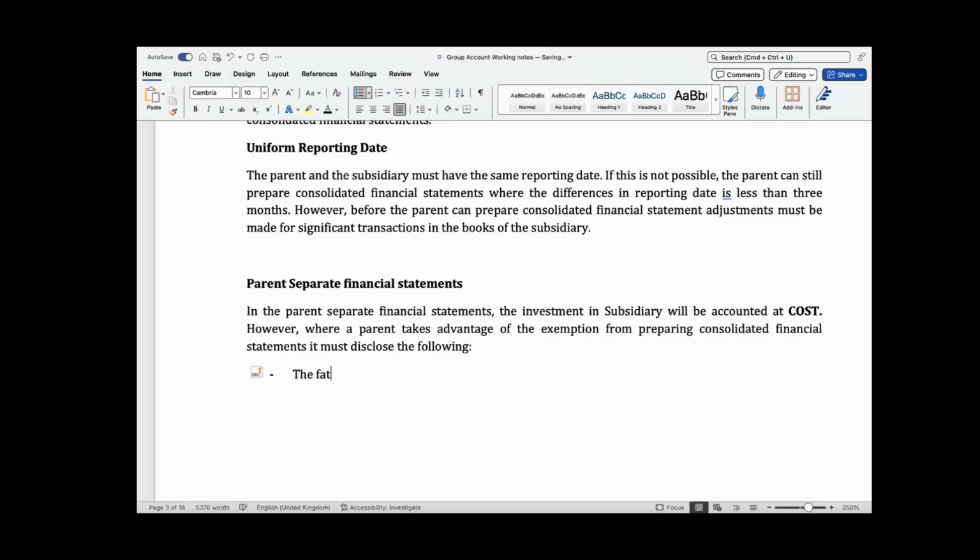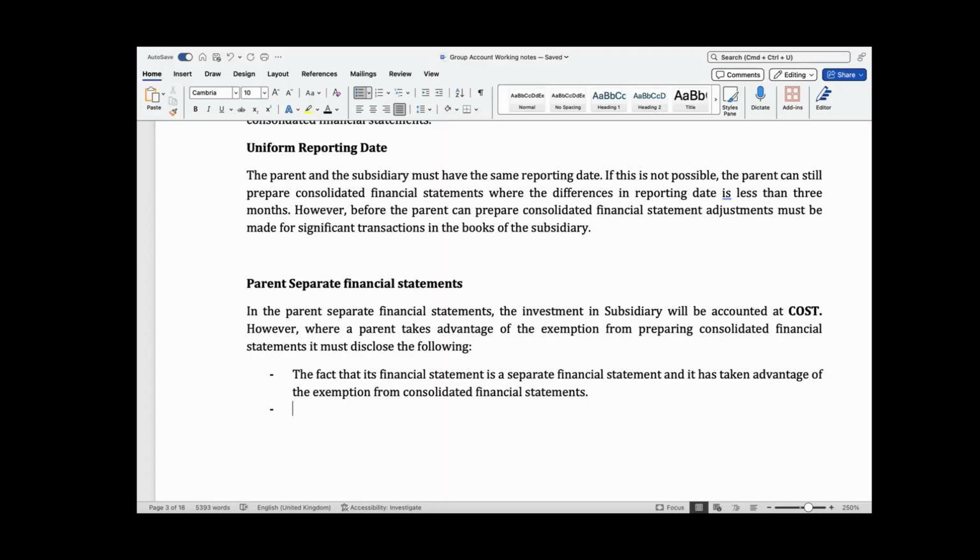Number one, the fact that its financial statements is a separate financial statement, and it has taken advantage of the exemption from consolidated financial statements.